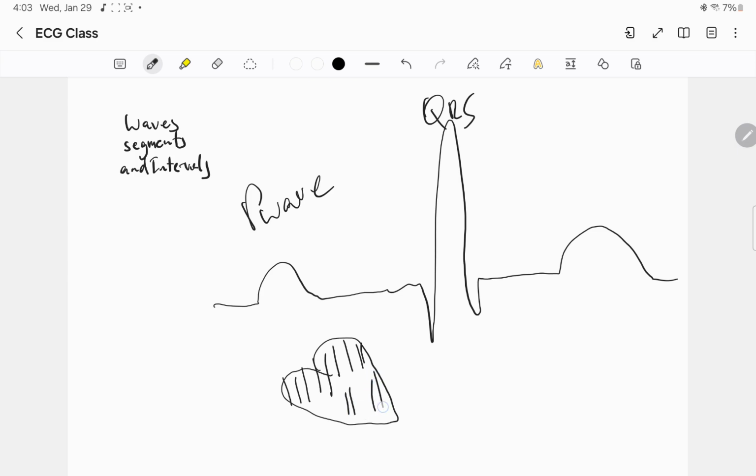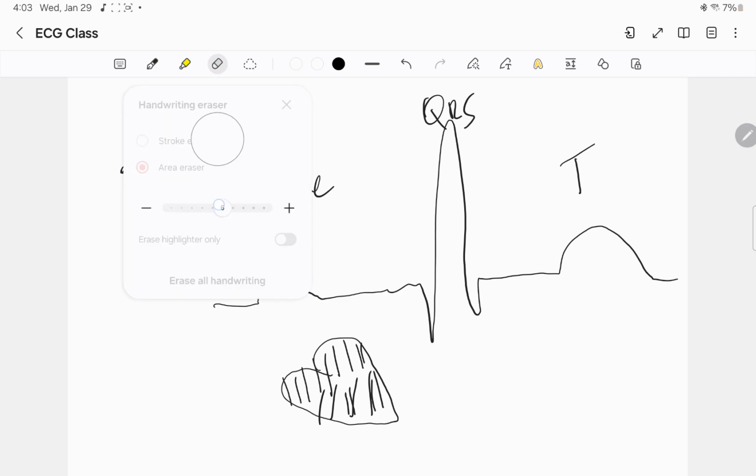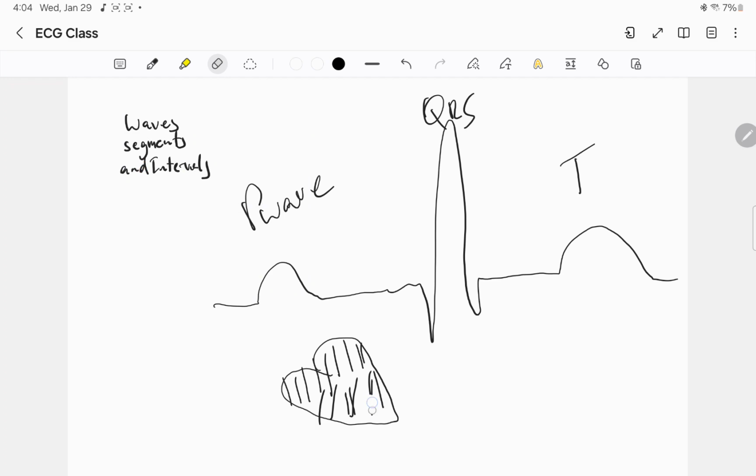Which is here. Cool. And then the T wave represents ventricular repolarization. So let's make the ventricle white again to represent repolarization. And by this time, the atrium would also be white again, ready for another impulse to occur. All right, so that's what the waves represent.